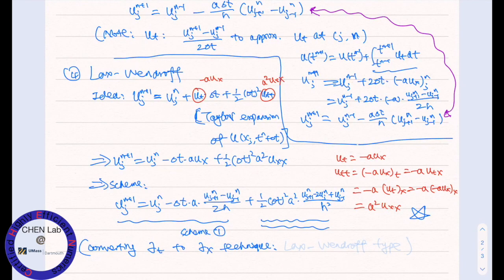This technique is used actually in other contexts, even in active research nowadays. This is the so-called Lax-Wendroff type of scheme. All right. Next time we're going to do some analysis.